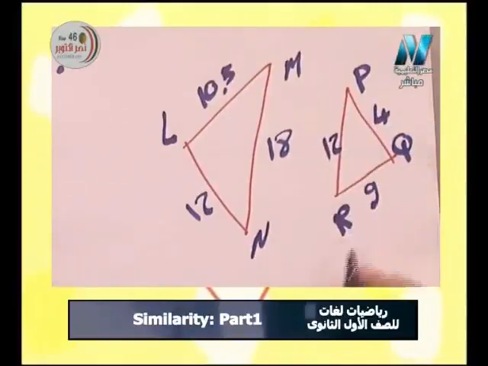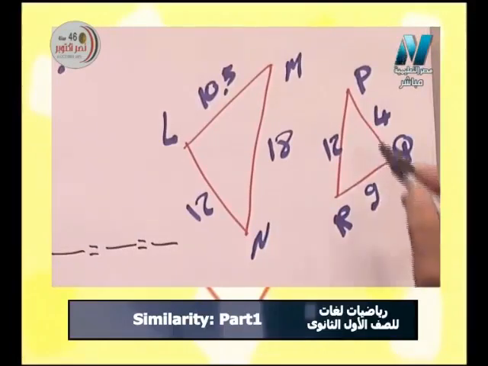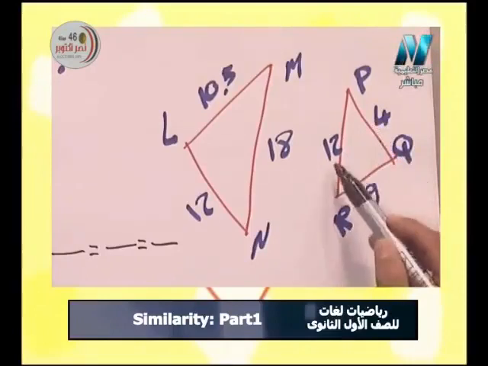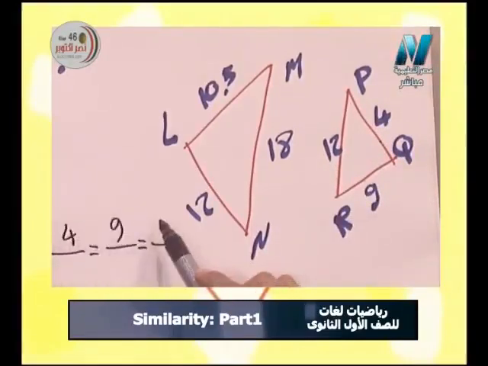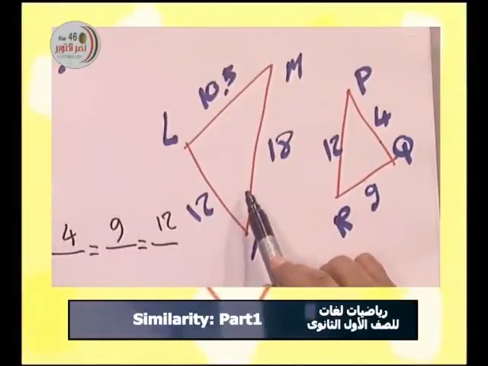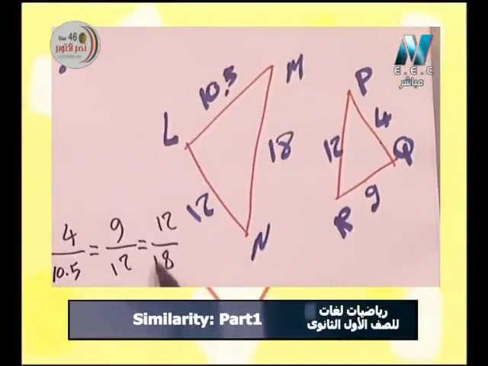Okay? Let's use the method that we explained. We have here 3 sides and 3 fractions for them. Let's start with triangle PQR. The smallest number here is 4, and after that 9, 12. Let's move to the second triangle. The smallest side is 10.5, then 12, and 18.